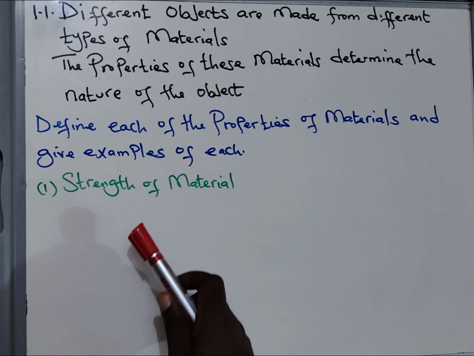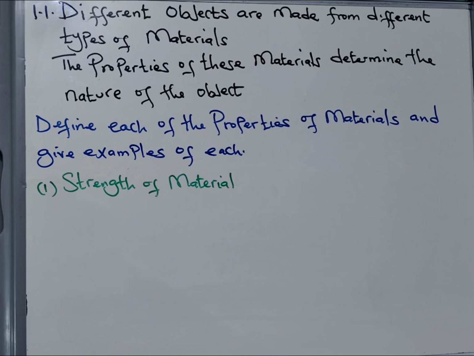The first one is strength of material. How do we define a strong material? Strength of material implies that the material requires a large amount of force to break or to deform permanently.